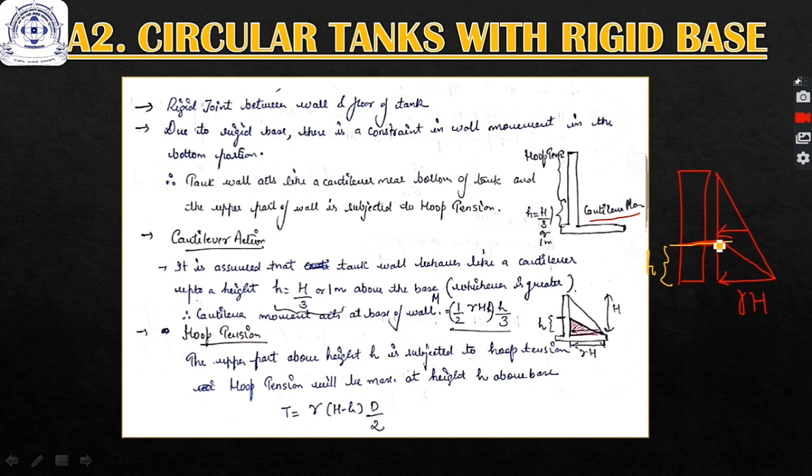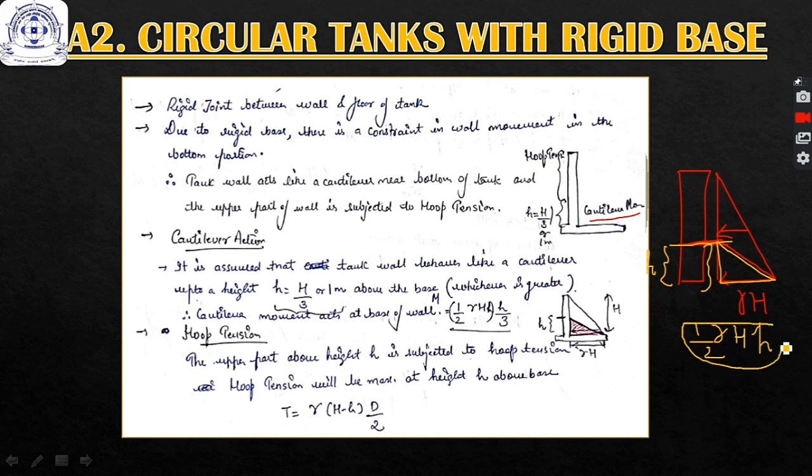So the force acting in this area, up to where cantilever action is on, will be the area of this particular triangle. So the force due to the water pressure will be half into base, that is gamma H, into height, that is small h.